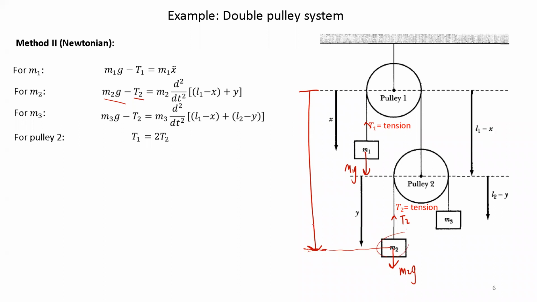And what is this one? This one would be y plus L1 minus x. So therefore, the MA is M2 times the second derivative of L1 minus x plus y. That's for this M2.